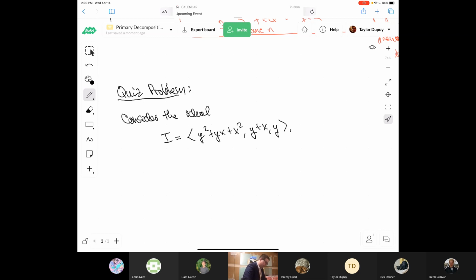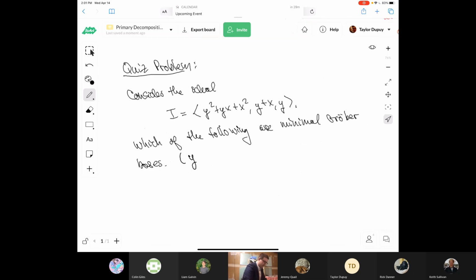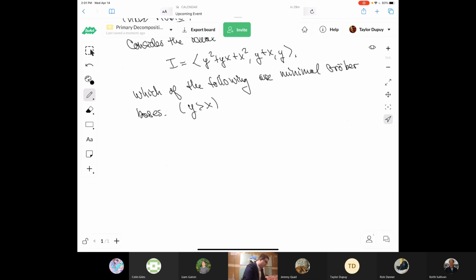Okay, so which of the following are minimal Gröbner bases? And this is for the term order y bigger than x.